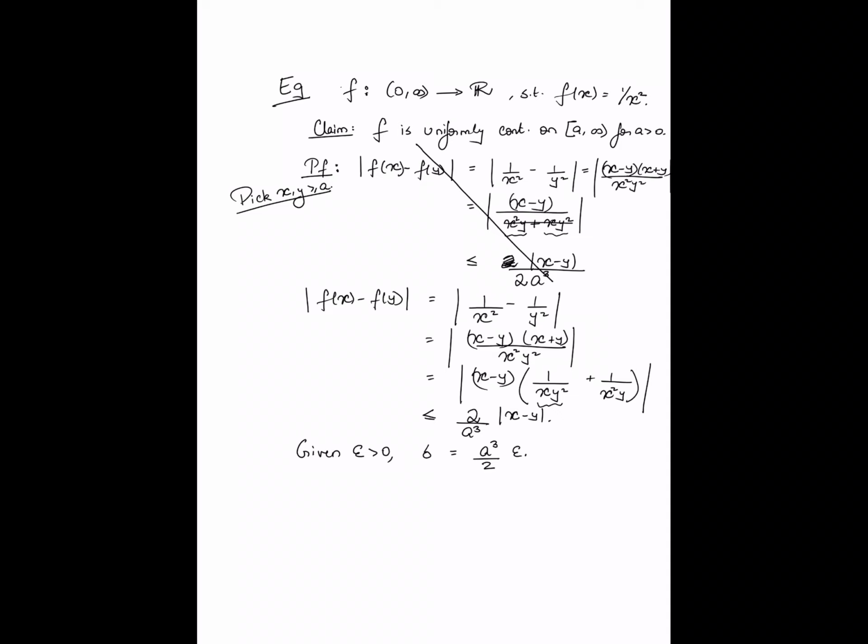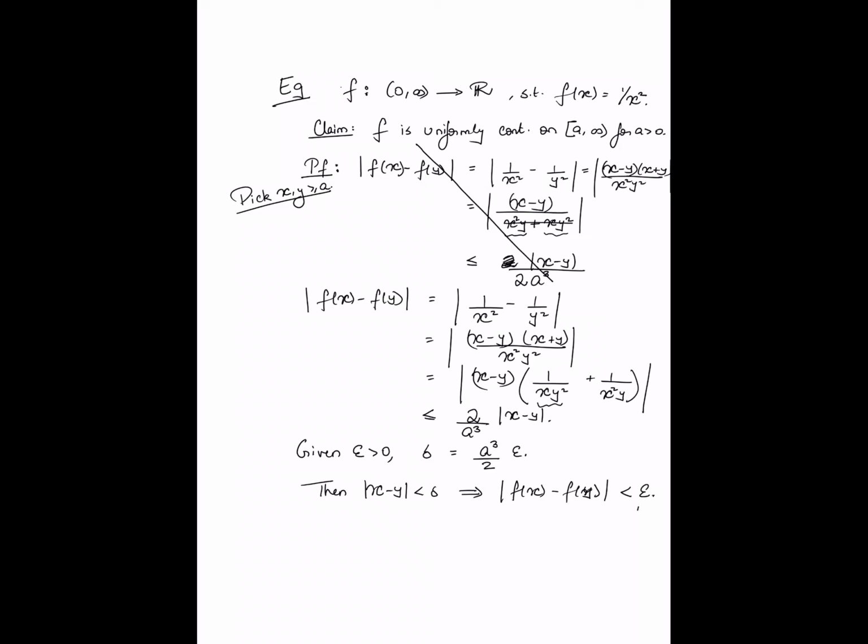And I leave it to you to verify that if you pick the absolute value of x minus y to be less than delta, that will imply that the gap between the function values, given the bound that we have derived, is in fact less than epsilon, right? So given any epsilon, I have produced a delta. That delta in fact is just a cube by 2 into epsilon, such that the condition for uniform continuity applies, right?